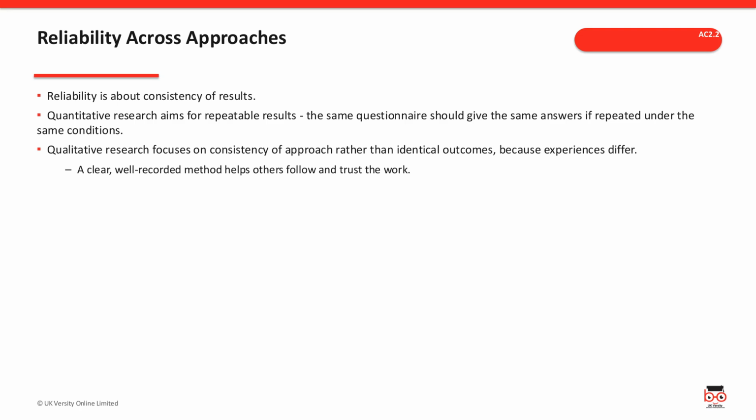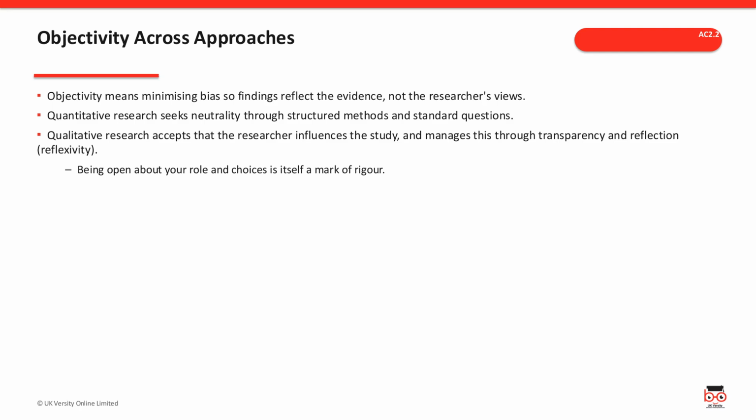In qualitative work, where experiences naturally differ, it's more about consistency of approach than identical outcomes. Either way, a clear, well-recorded method is what lets others follow your steps and trust the result. Objectivity is about keeping your own views from skewing the findings.